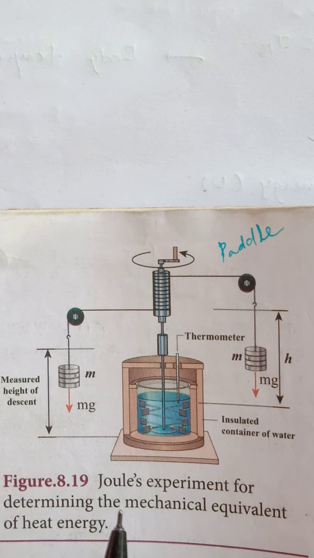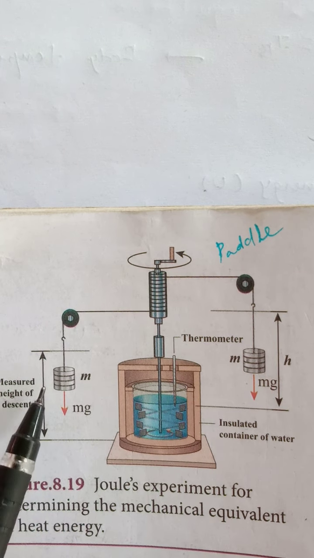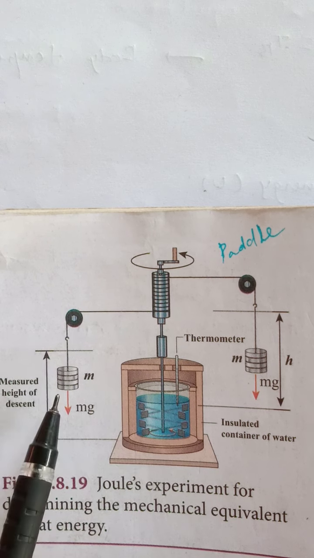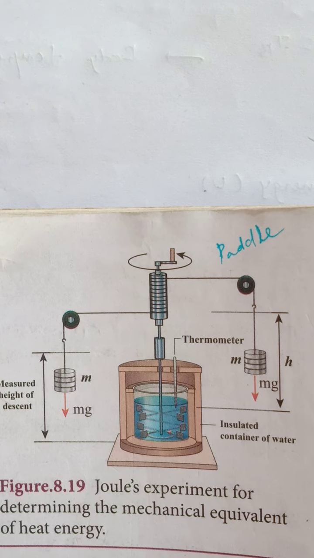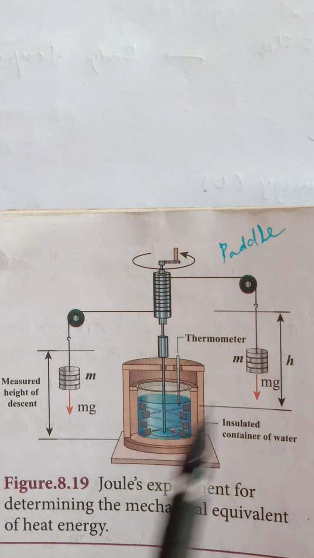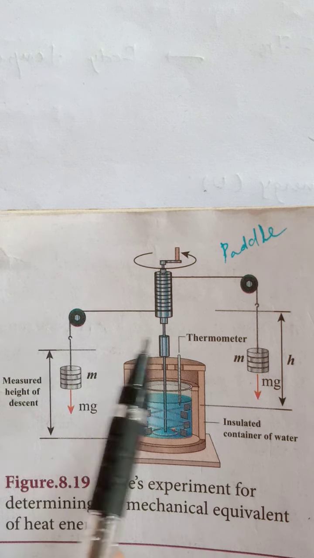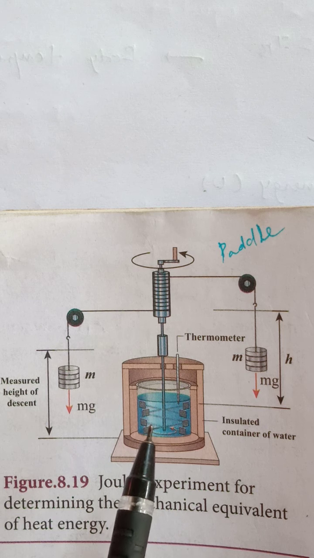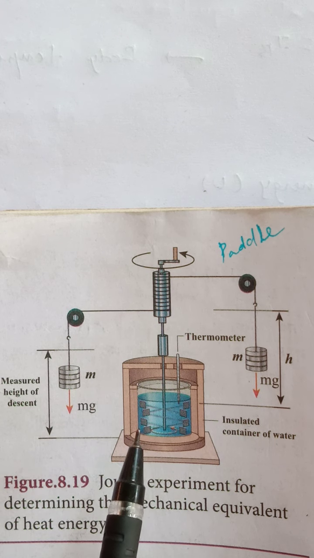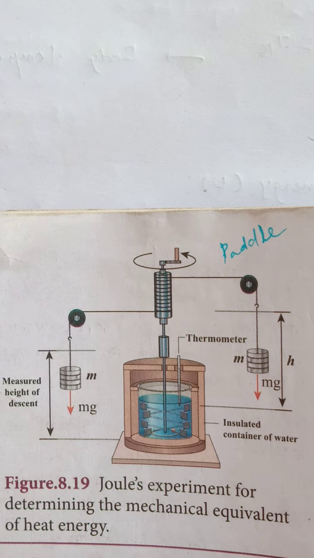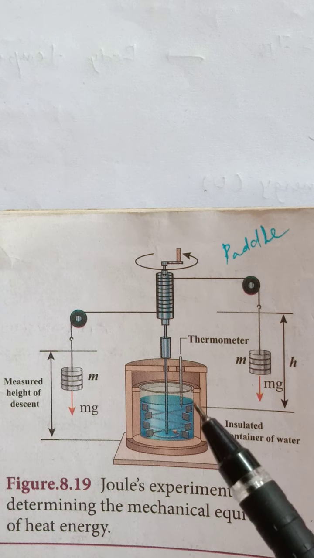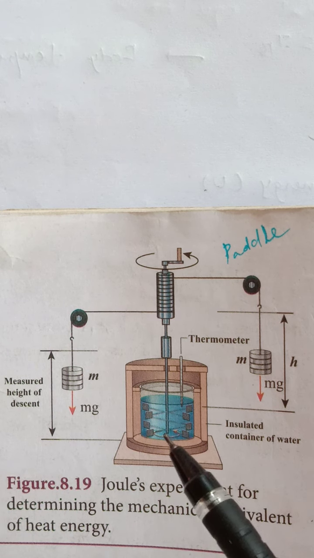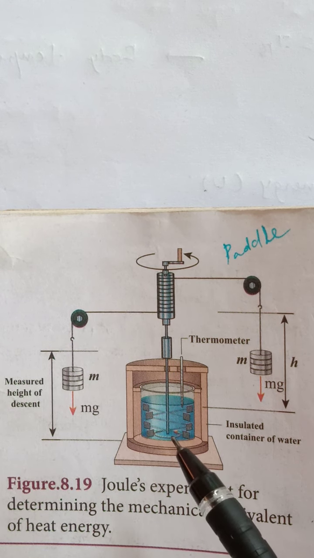Here the gravitational potential energy is converted into what? Internal energy of the water. When the weight acts downwards, it rotates the paddle wheel, so that the friction force takes place inside the water, converting it into heat energy, that is called internal energy. So the temperature of the water rises. Work is done by the masses.